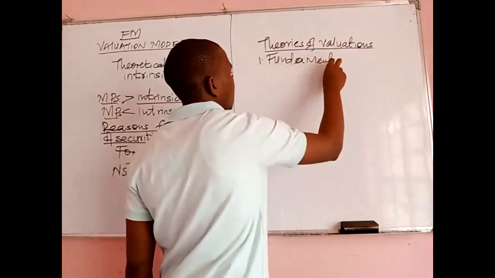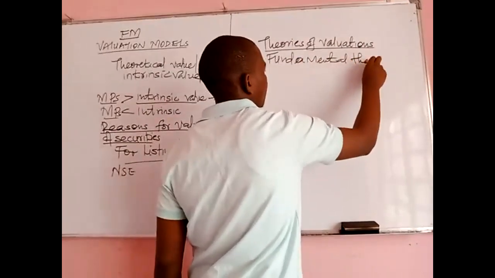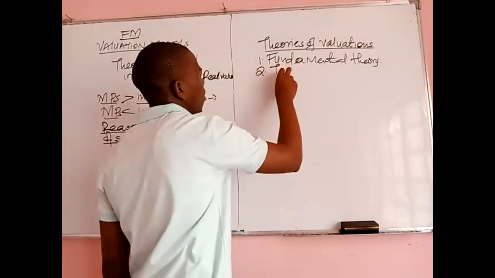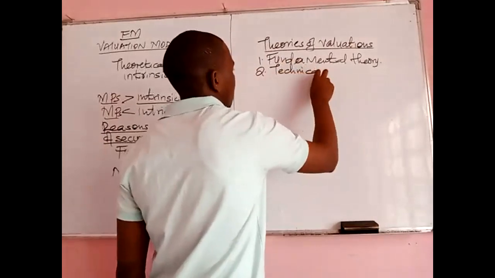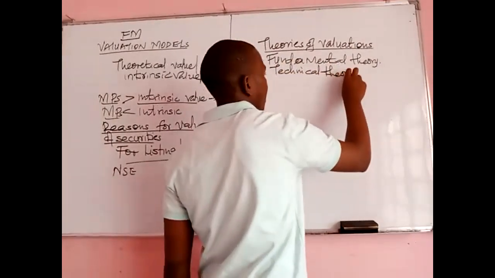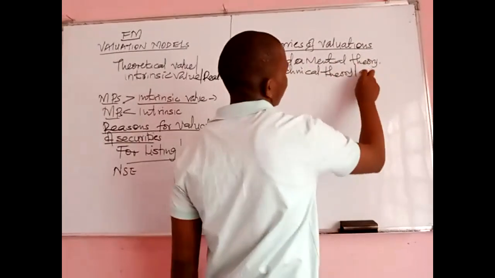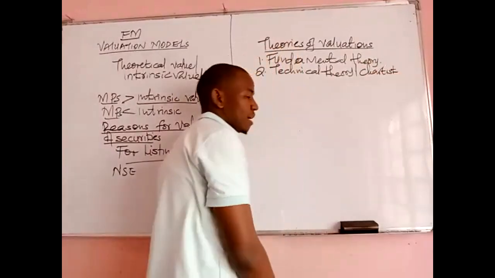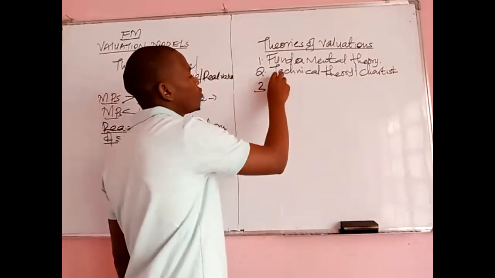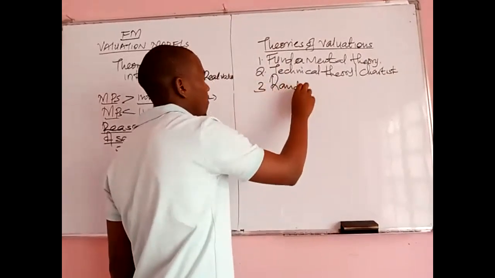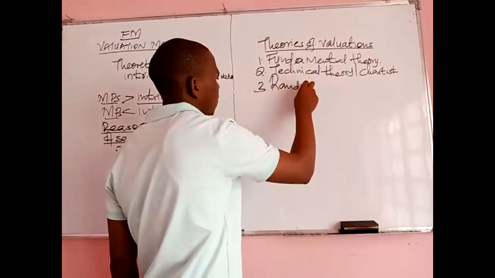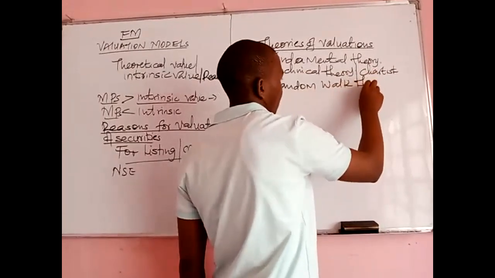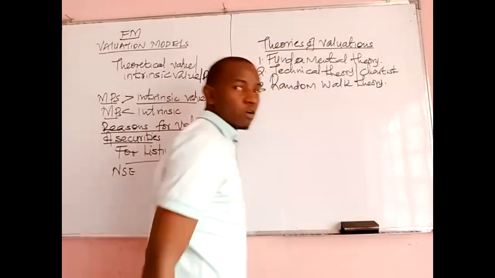Number two is the technical or tactics theory. And number three is what we call the random walk theory.